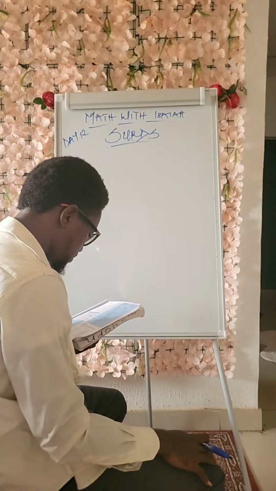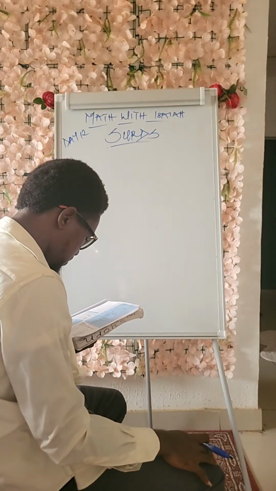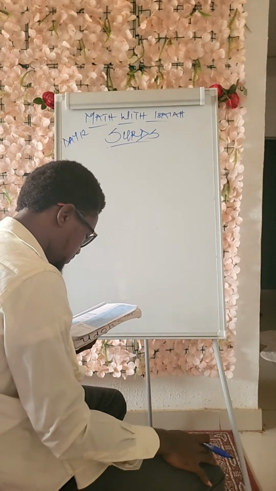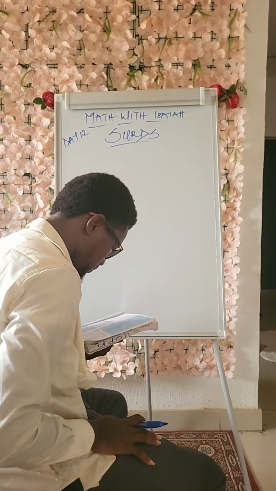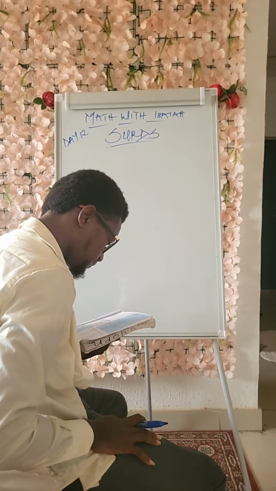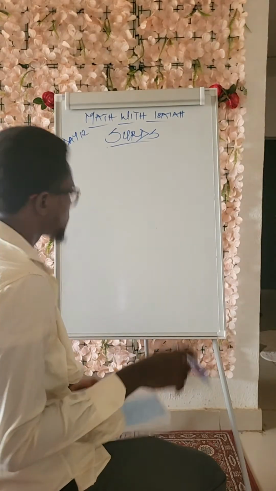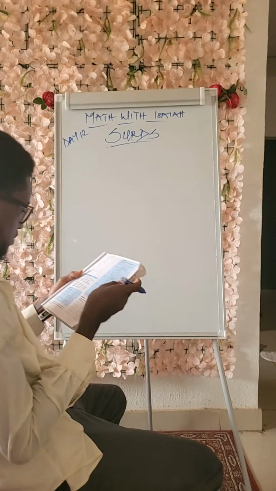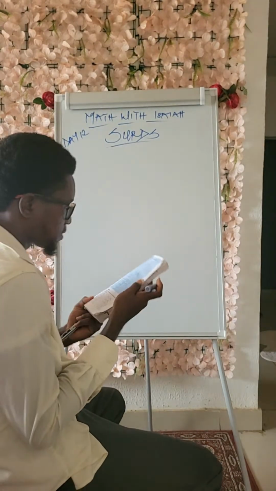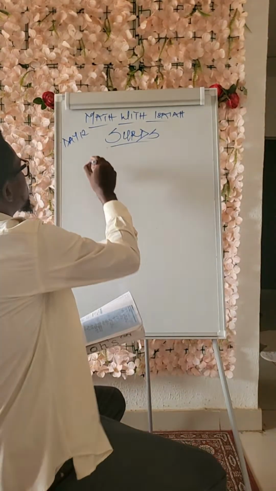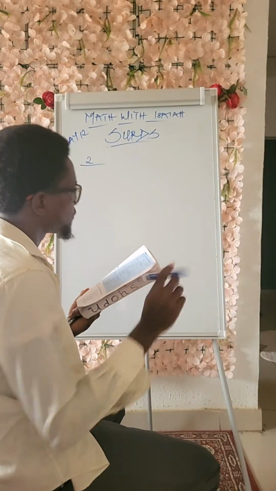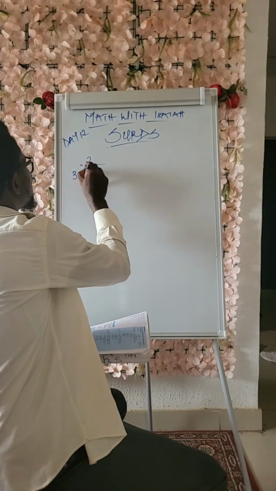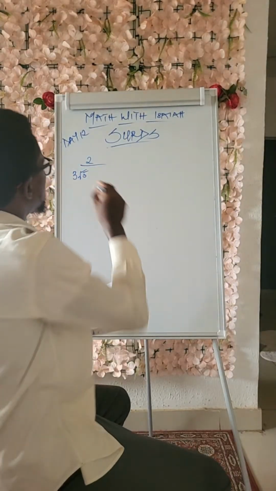This is going to be a really long one. Alright, let's do this. I'll just do one example of this and I'll try to be very explanatory. Let's do 2 over 3 root 5 plus 4.